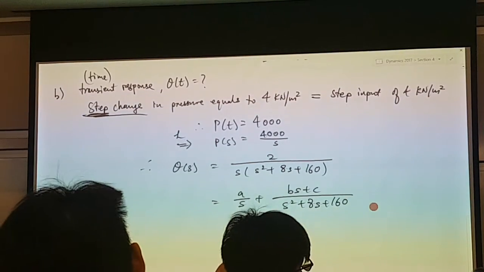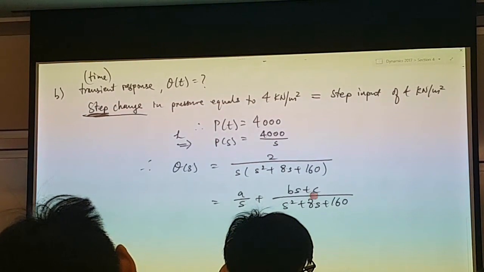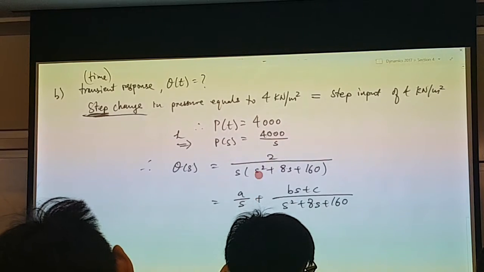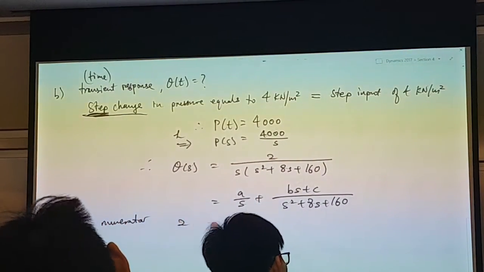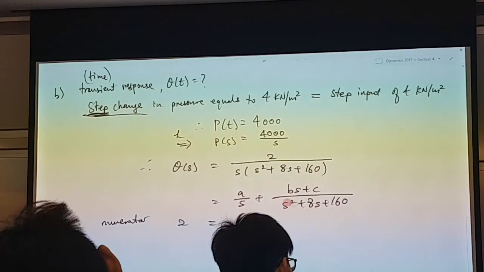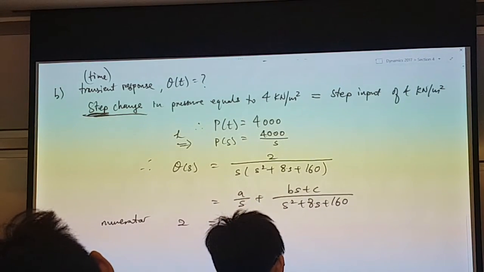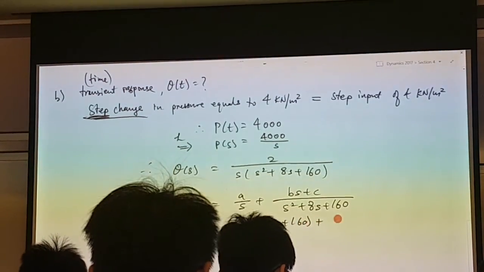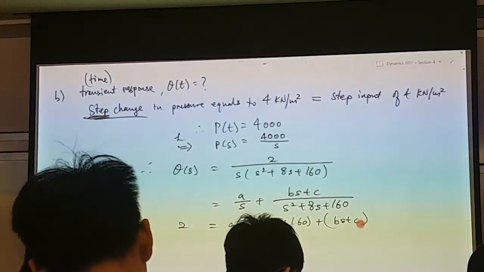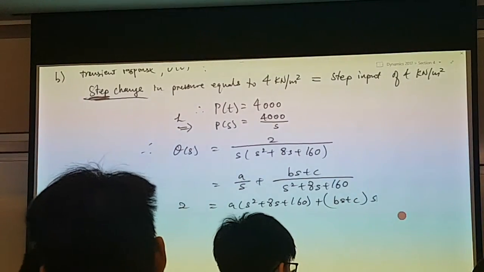In order to figure out that numerator, the numerator is 2, and then you do the cross multiplication, so A times s squared plus 8s plus 160 plus Bs plus C multiplied by s. Right, that's the partial fraction technique.